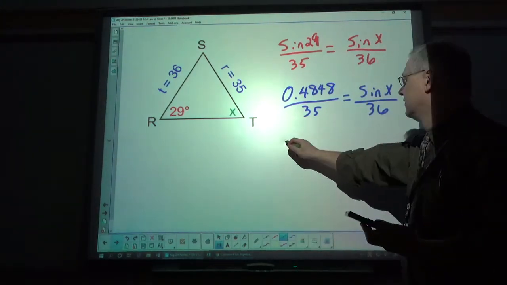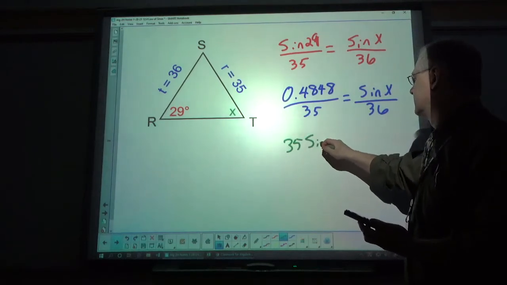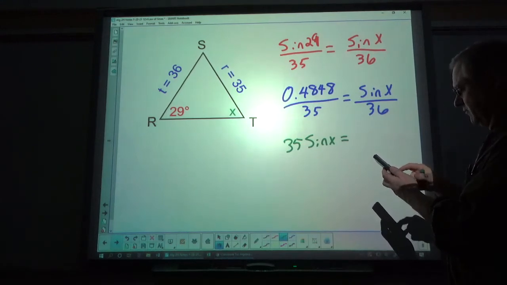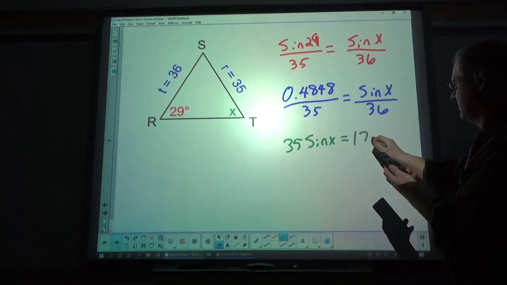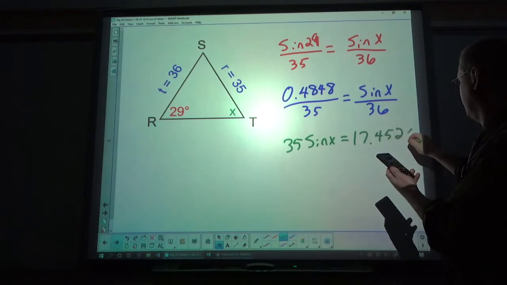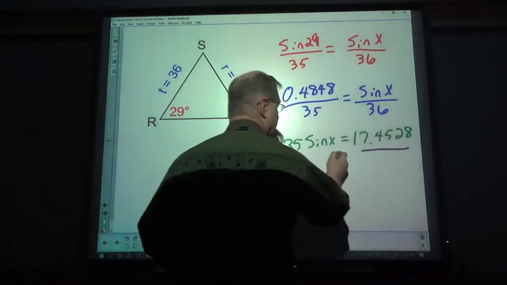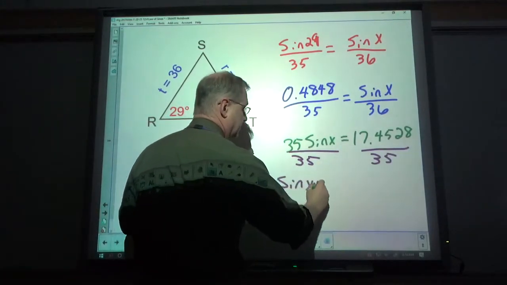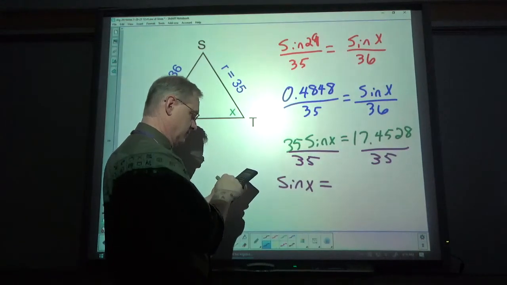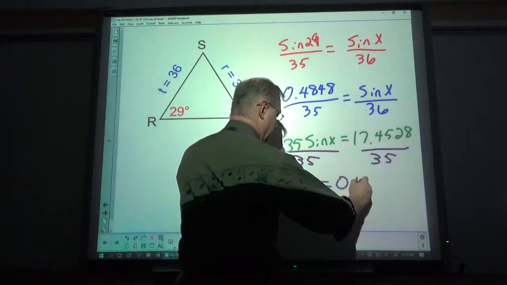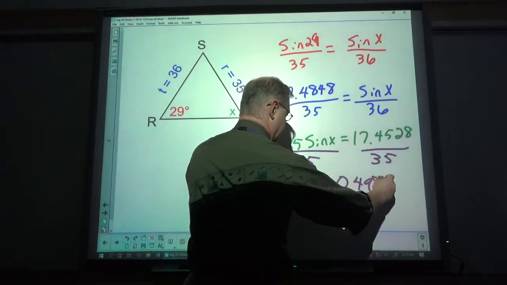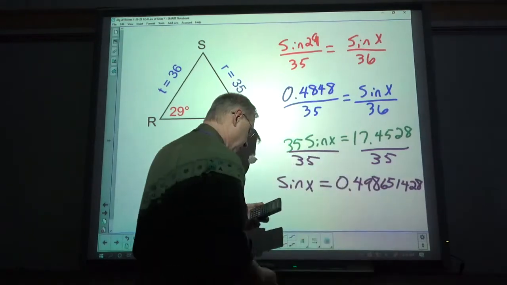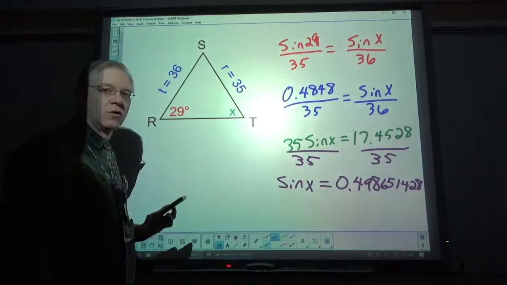Cross multiply, 35 sine of x equals 36 times 0.4848, 17.4528. I then divide by 35. Sine of x equals 0.498651428. Now I only write that out in normal work.